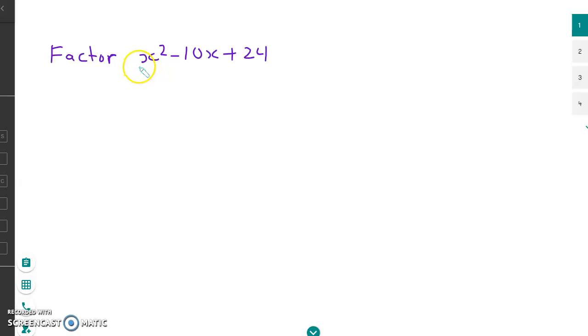Now, what do you mean by factor this quantity? All it's saying is we want to express x squared minus 10x plus 24 as x minus some number, let's call it a, times x minus some other number, call it b.